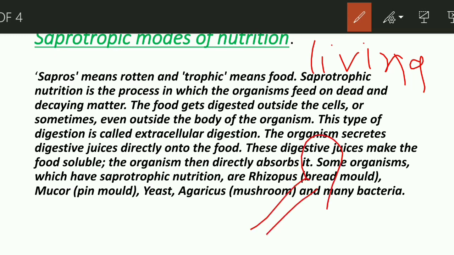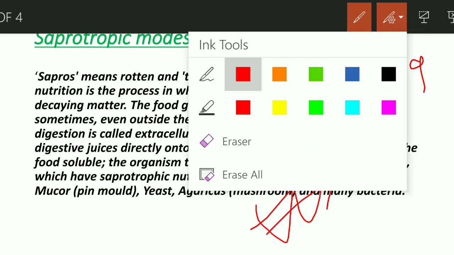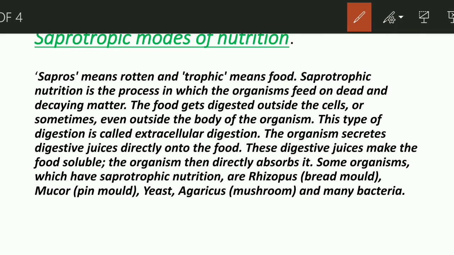They grow on living trees or living shrubs, bushes, etc. But the agaricus mushroom, rhizopus, and many others grow on dead and decaying matter. The things that are dead and going to decompose, they grow on that matter only.